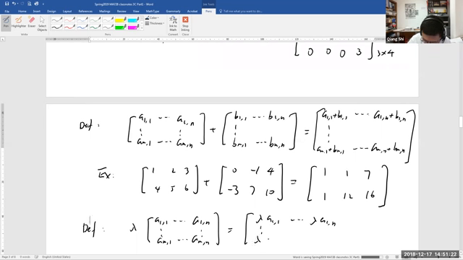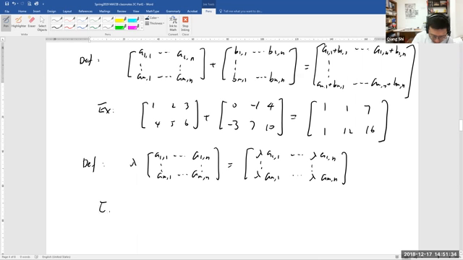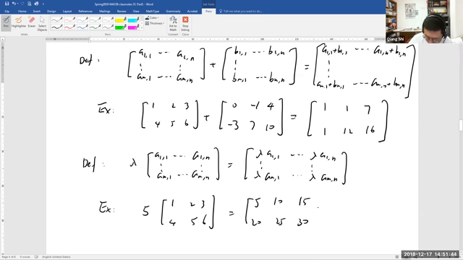So it's not only multiplied on one of them, but it's multiplied on every single one of them. All right. So for example, if we have 5 times this 1, 2, 3, 4, 5, 6, then this is 5, 10, 15, 20, 25, and 30. All right. So scalar multiplication.